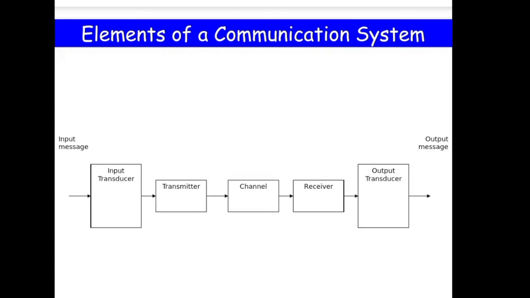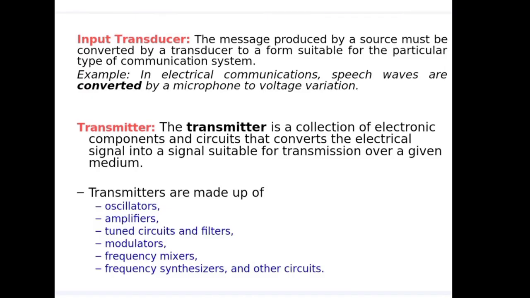Again there is a block in the diagram, that is the receiver. Whatever message you get from the channel is fed to the receiver. Then after the receiver there is an output element known as the output transducer. After this we can get our output message. These are some elements of a communication system.